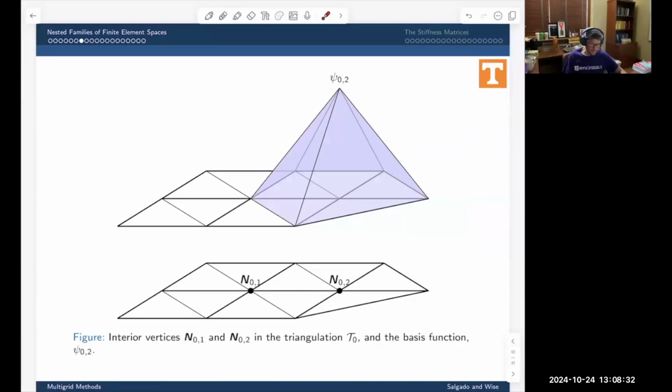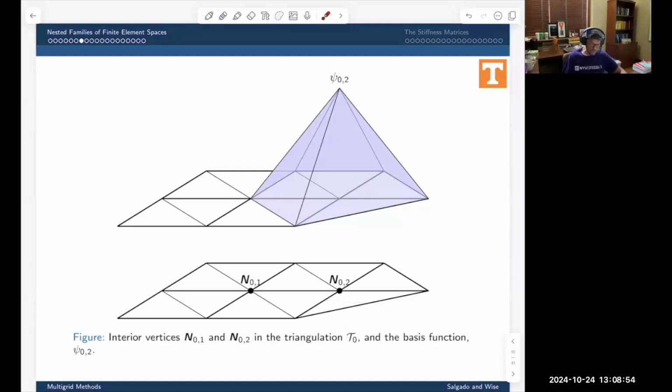So here's what these hat basis functions look like, or chapeau functions. Suppose that we have this mesh, and we have two interior nodes. This was that primordial mesh that we mentioned earlier. I'll oscillate between calling these nodes and vertices, but they're the same thing.